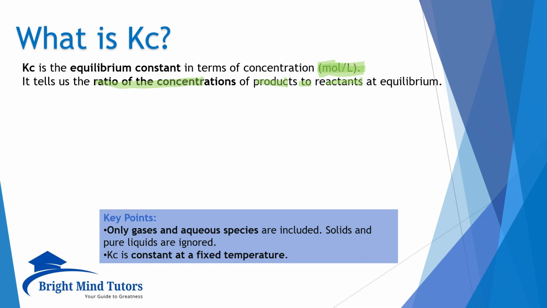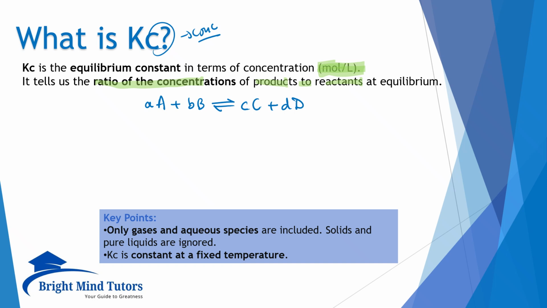So let's take a hypothetical reaction, and we will try to write the Kc for it. And the C actually means concentration. So suppose I'm taking this reaction aA + bB in equilibrium with cC + dD. Now what are these small letters?